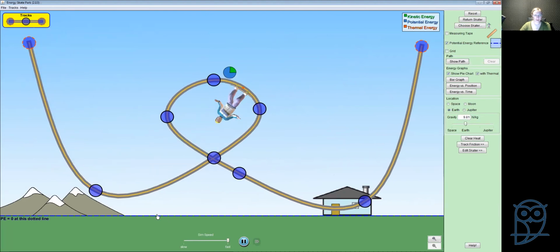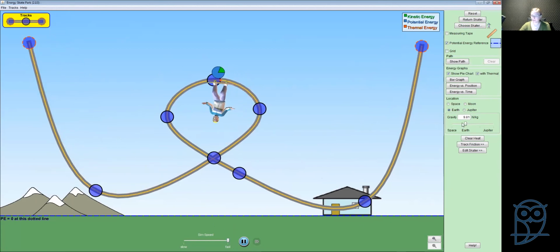So here he's going. You could see over there, he still had some of his kinetic energy left, and that is why he could go round. So that's how that works. That's how roller coasters work. Since they still have some kinetic energy pushing them upwards, they can go around the loop easily.